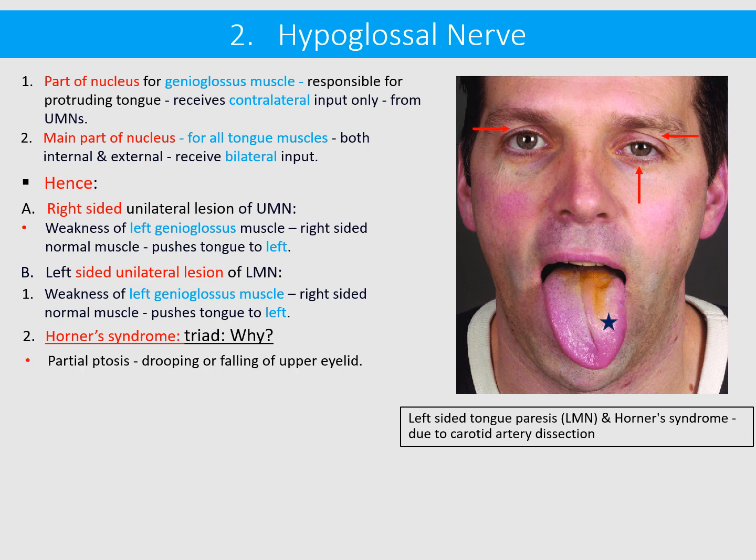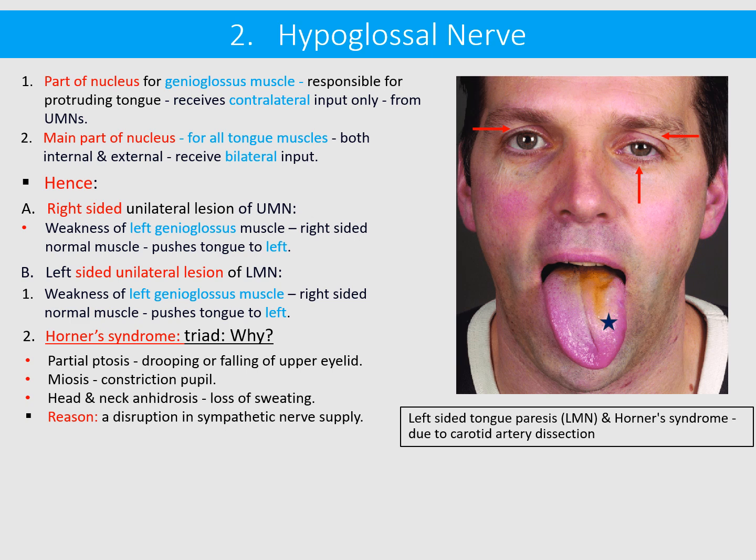This is in the shape of a triad. There is drooping or falling of the upper eyelid, that is partial ptosis. Then there is miosis, that is relative constriction of the pupil. And number three is loss of sweating of the head and neck region, that is anhidrosis of the head and neck region.